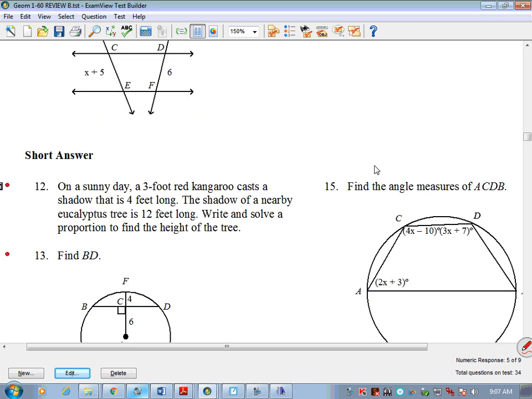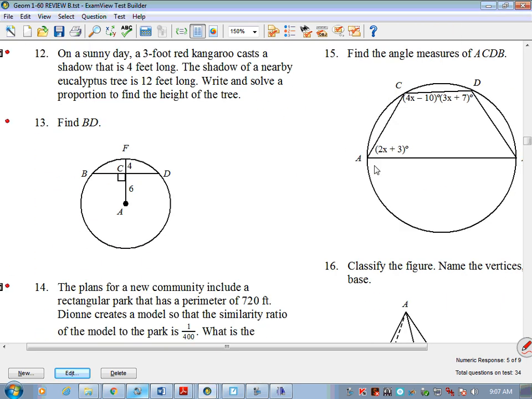Okay, number 12. We've seen this question on our last review.